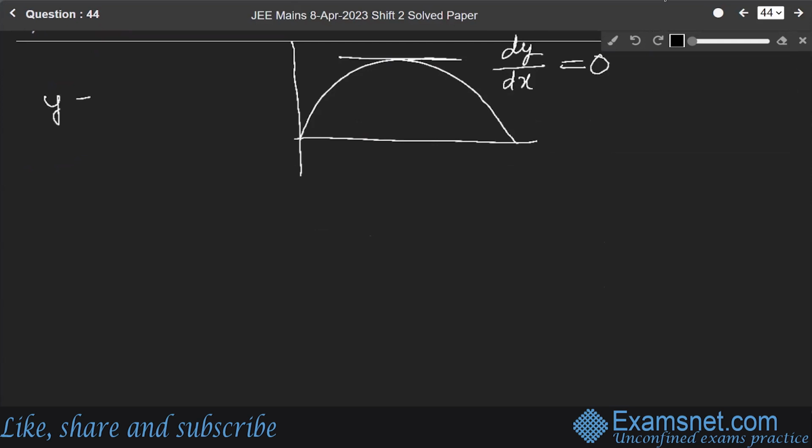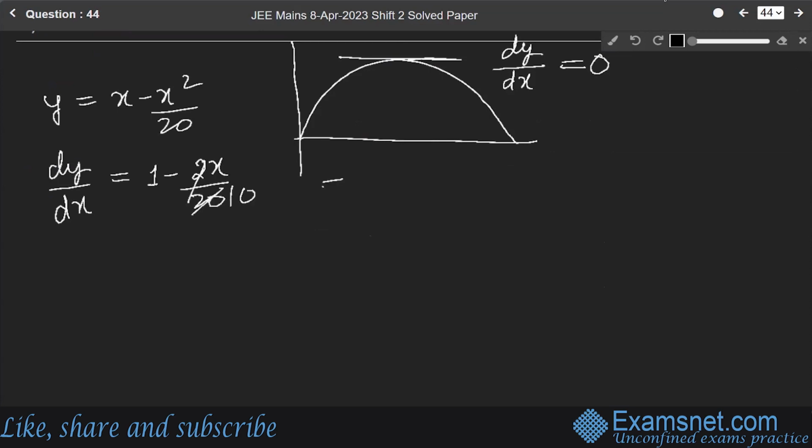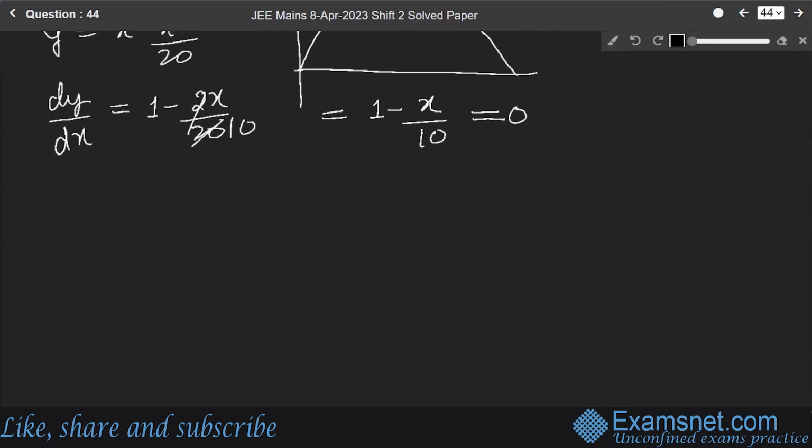We are given y equals x minus x square by 20. So dy by dx equals 1 minus 2x over 20, which is 1 minus x over 10. Putting dy by dx equals 0, we get 1 equals x over 10, which means x is equal to 10.